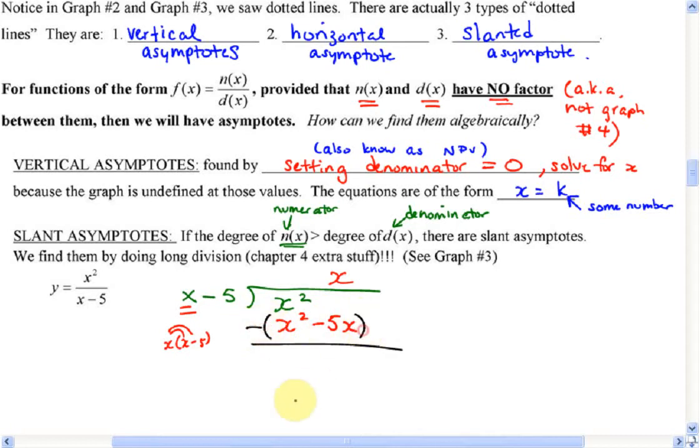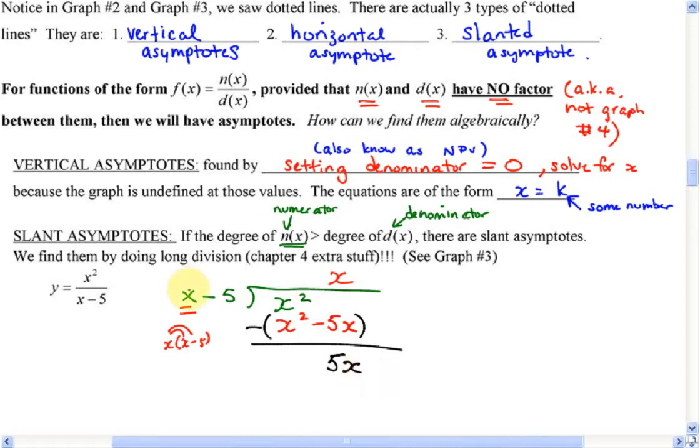And then with long division, after we found that, we always subtract. So we'll subtract x squared minus x squared is 0. 0 take away negative 5 is positive 5x. And then my question to you now is, well, how do you solve for this part?